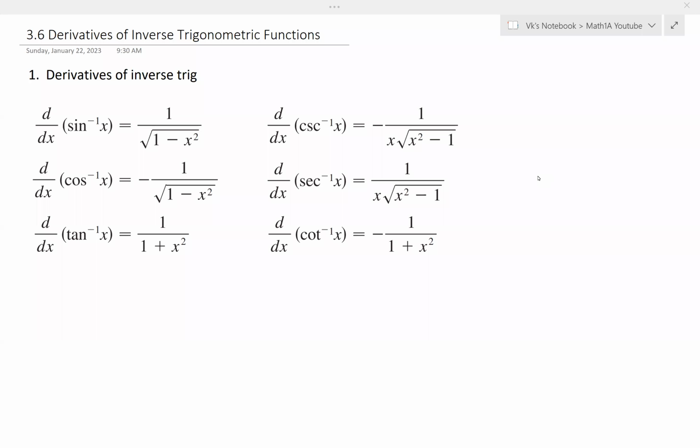And derivative of arccotangent x is negative 1 over 1 plus x squared. There are 2 of them that are very useful and they appear often later on when you study integration. And that is the derivative of arctangent x and the derivative of arcsine x.